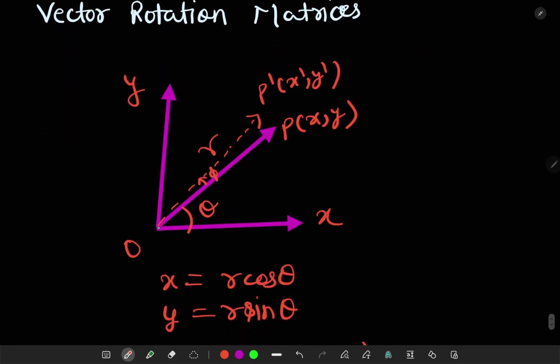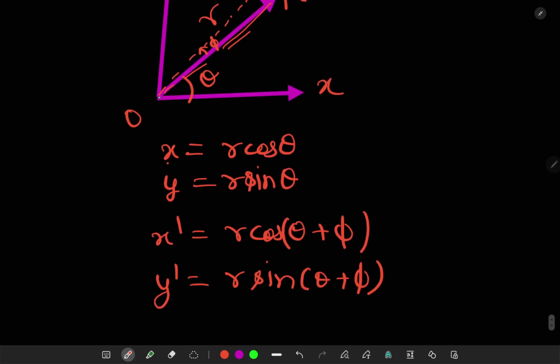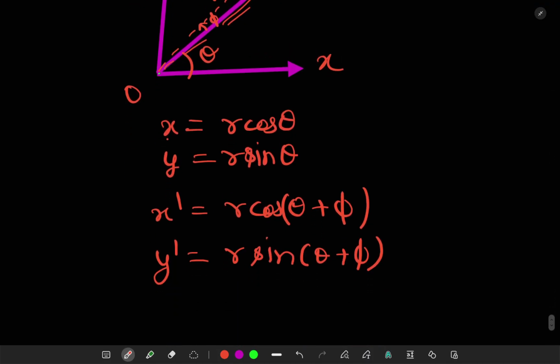Now vector rotation matrix, if we rotate this point P by some angle phi, then x is equal to r cos theta and y is equal to r sin theta. Now the new coordinates after shifting become x dash and y dash. These are the old coordinates and these are new.